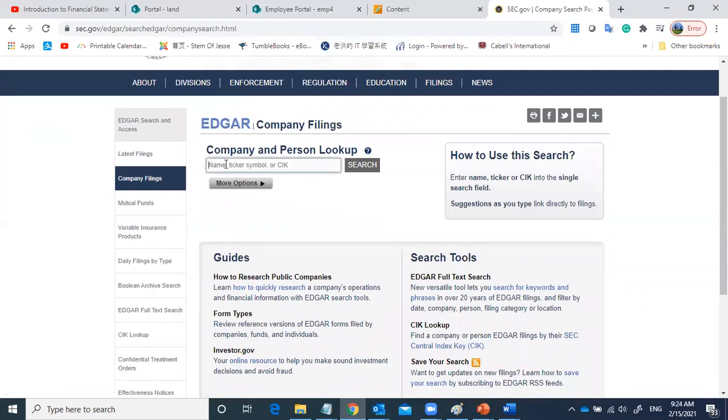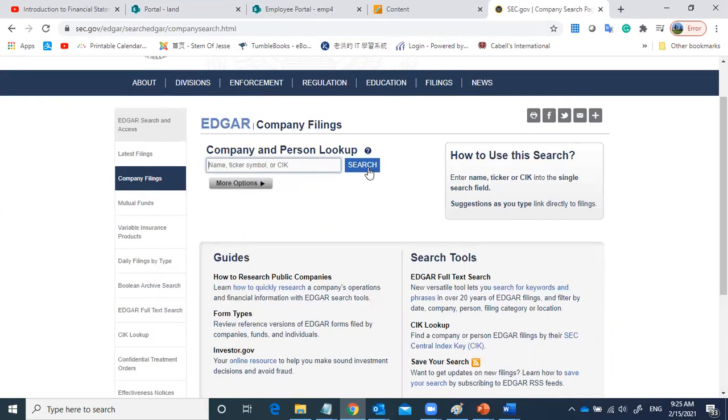We can find the company and person lookup. You can search any company you like and find their financial statements. The company's financial statements are required to be publicly listed by the SEC. So every year you must file the annual report.